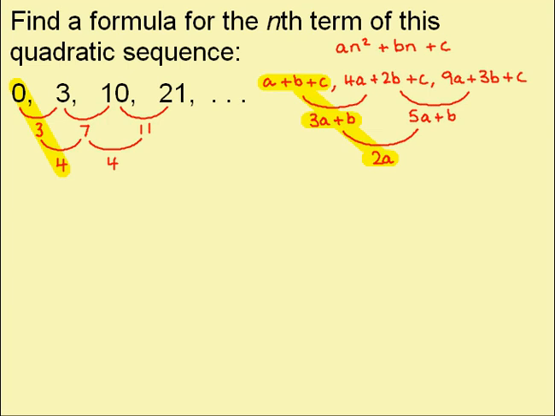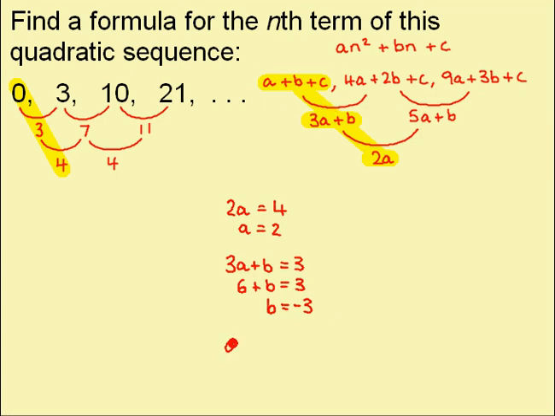I can now look at and compare the two diagonals highlighted here. Starting at the bottom, I can see that 2a must be equal to 4, so that tells me that a is 2. For the middle one, I know that 3a plus b must be equal to 3. I already know that a is 2, so 3a is 6, so I've got 6 plus b equals 3, and that tells me that b is negative 3.